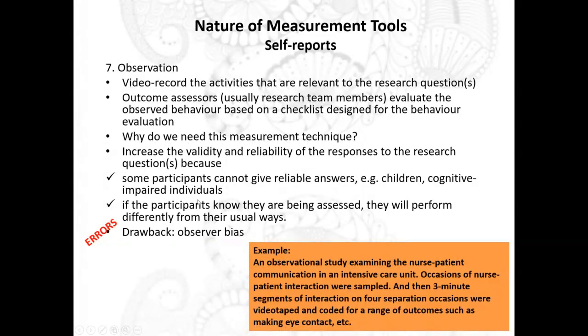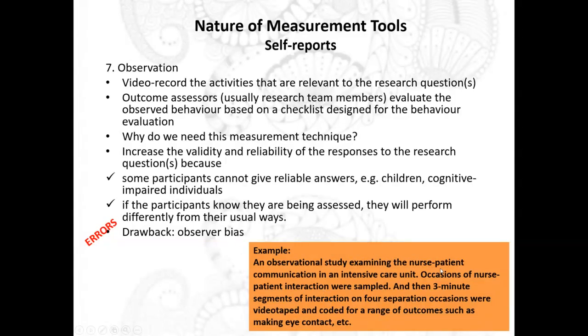For cognitively impaired individuals like dementia patients, they may not be able to give you a valid response, so we will use observations. If the participants know they are being assessed, they will perform differently from their usual way. It is another reason why we will use observation instead. And the example here illustrates why we need observation.